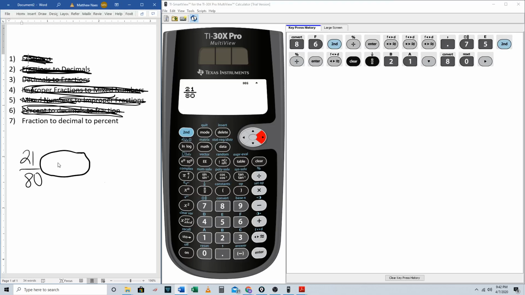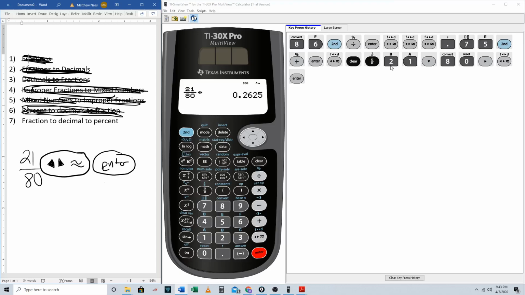My OCD's kicking in, so sorry. Alright, so press this, it's going to convert it to a decimal. I don't know what that is, so let's press it and press enter. Again, it's all popping up over here. I'm deciding to write it very poorly though.